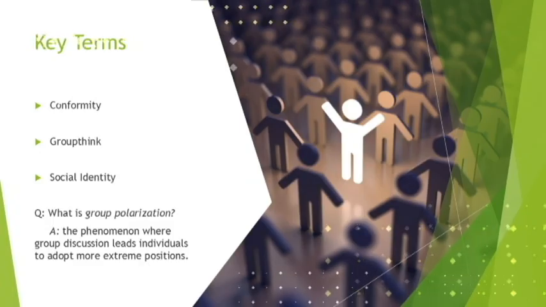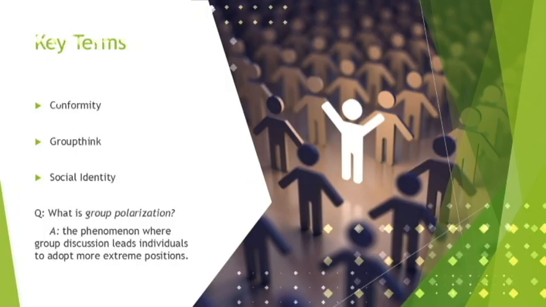So the whole idea of group polarization can have both positive and negative consequences. On the one hand, it can lead to stronger group cohesion and commitment to a cause. On the other, it can push groups toward extreme or even dangerous behavior, such as is seen in radical political groups or extremist movements. So there are a lot of things to consider within this.